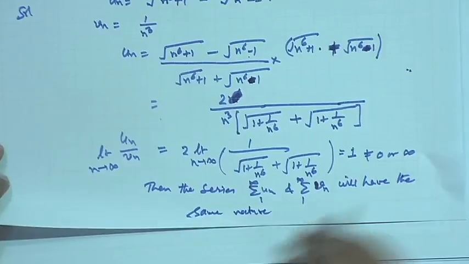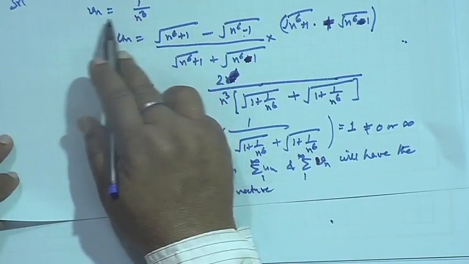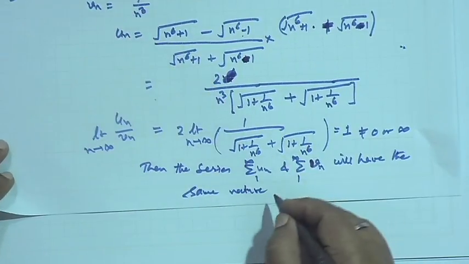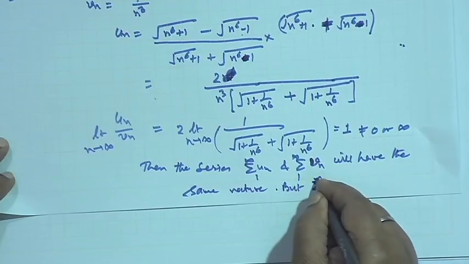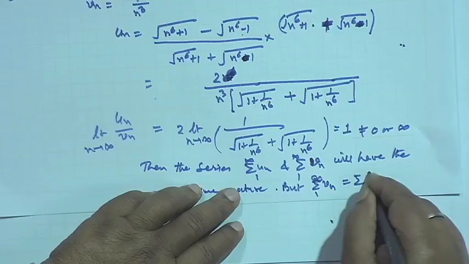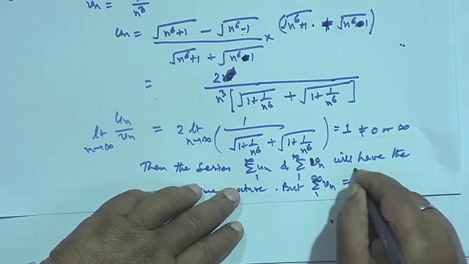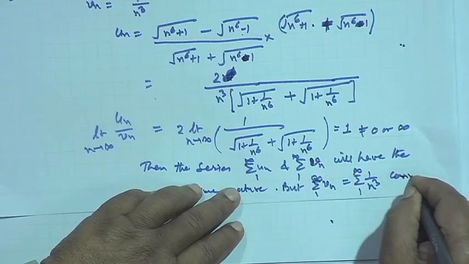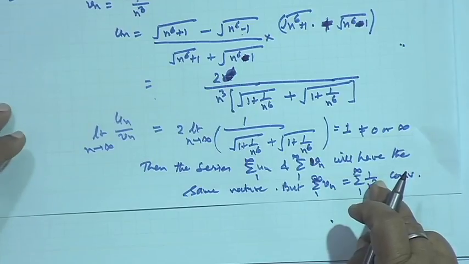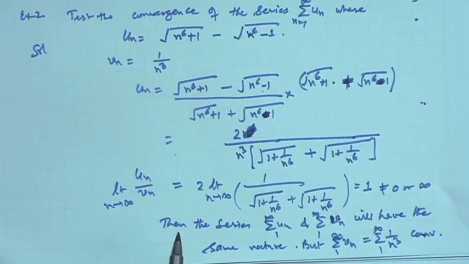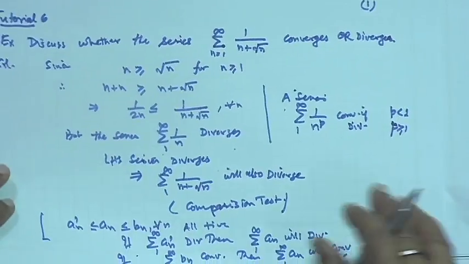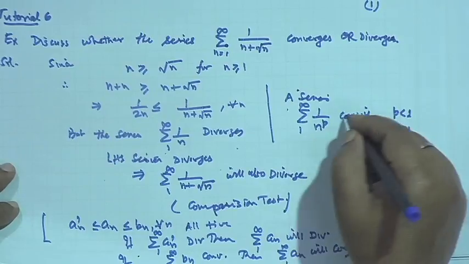Now, this series sigma of v n, that is sigma 1 by n cube from 1 to infinity, converges because of the previous result, p is greater than 1. Oh, I am sorry, please look at the previous slide, this is wrong.